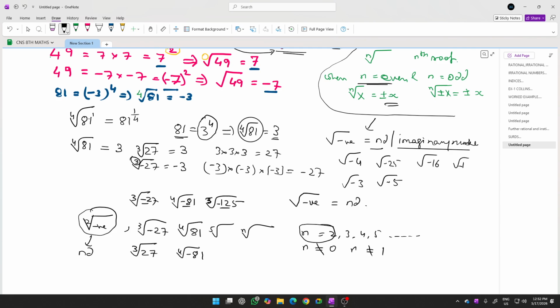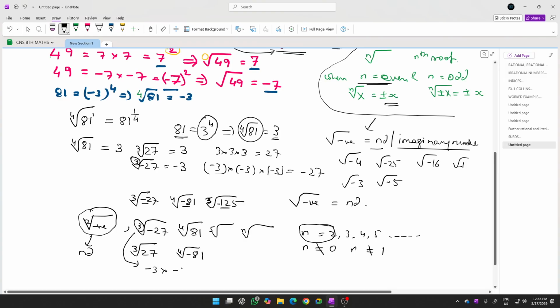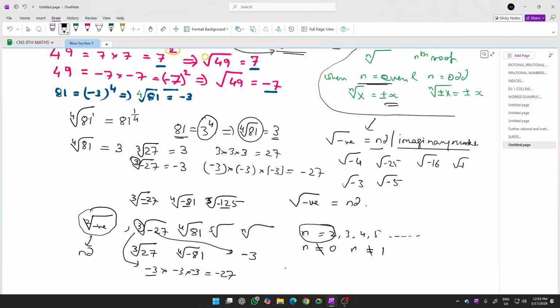Cube root of minus 27 should be what? Imagine a number which multiplied 3 times will give you minus 27. My answer is minus 3, minus 3, minus 3. If I multiply these, I am getting the answer minus 27. Therefore, cube root of minus 27 has to be minus 3.